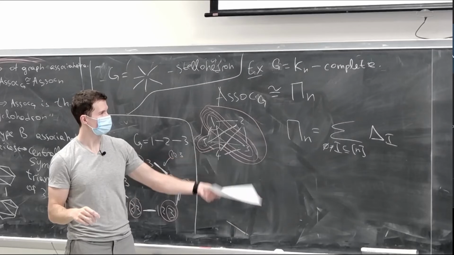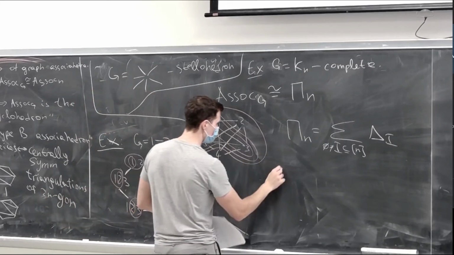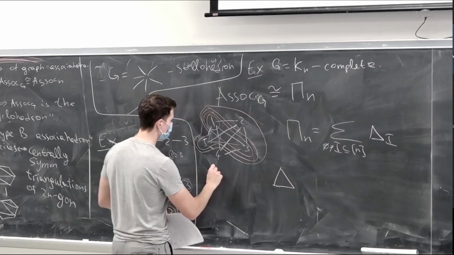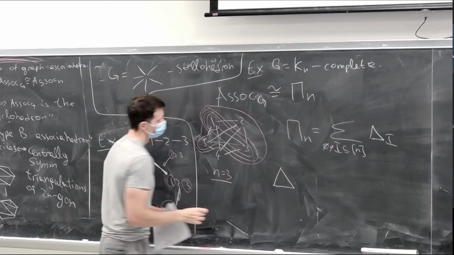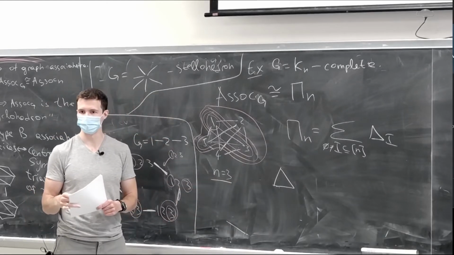So we now have 3 formulas for the permutahedron as a Minkowski sum, and let me try an example. Let's say we take the triangle, so n equals 3. What are going to be my summands here?